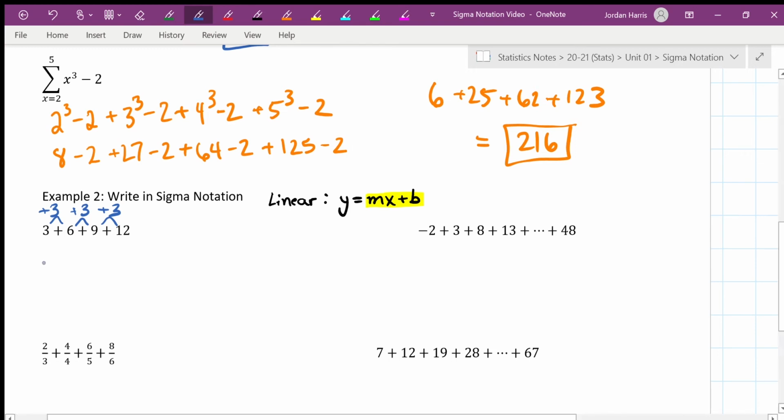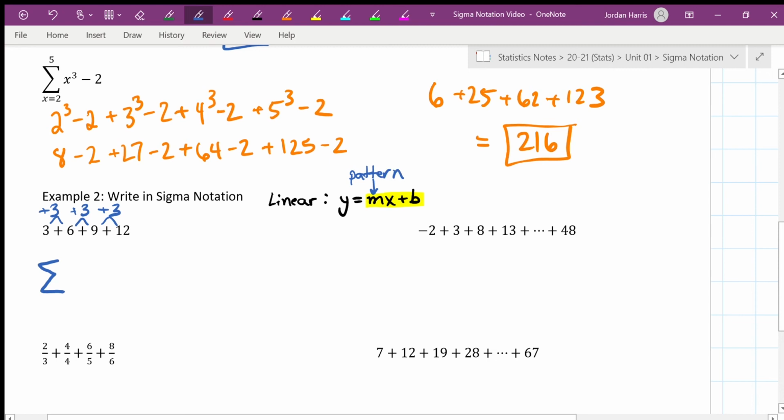Okay, so for this one, I know I'm going to have a sum because it's a whole bunch of additions. That's what sum means, right? A whole bunch of pluses. So I need to figure out the pattern to get to these numbers. This pattern is your slope. m represents slope, hopefully. That gives you your pattern.